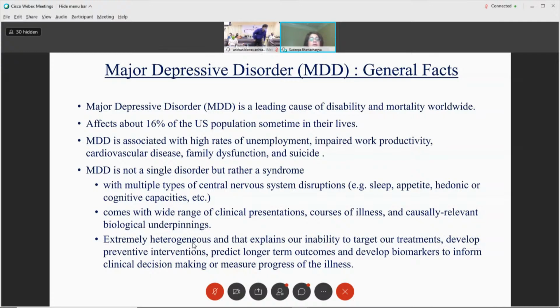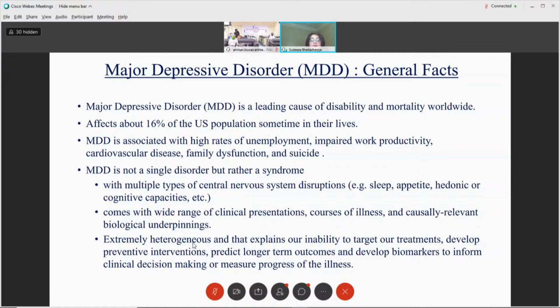Now, MDD or depression is not a single disorder, but rather a very complex syndrome. It comes with multiple types of involvement in central nervous system disruptions. For example, sleep disturbance, appetite changes, feeling sad or unpleasant, cognitive disabilities and so on. And it comes with a wide range of clinical presentations and courses of illness, and we don't know much about its biological underpinnings.